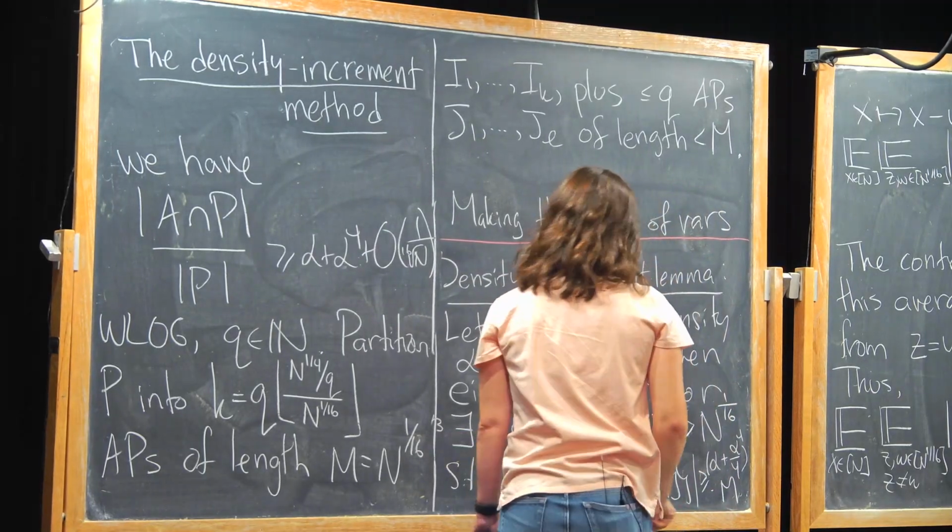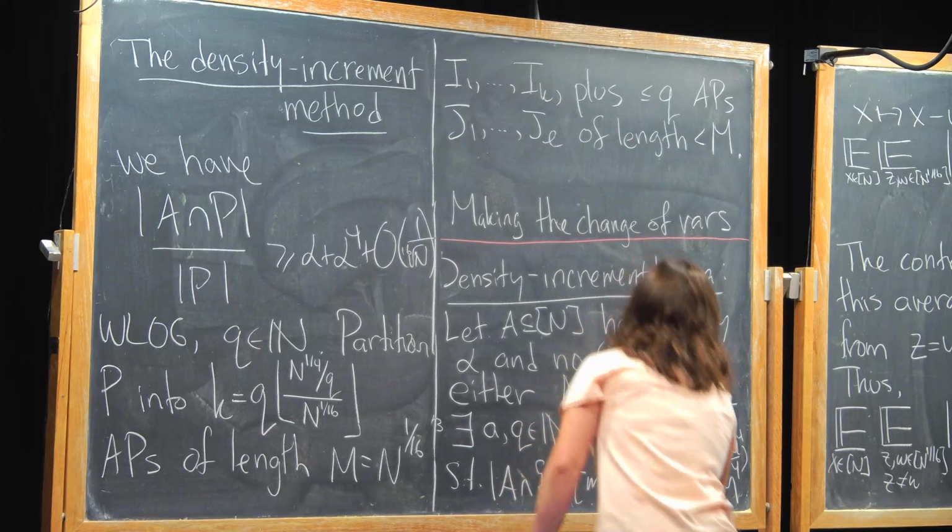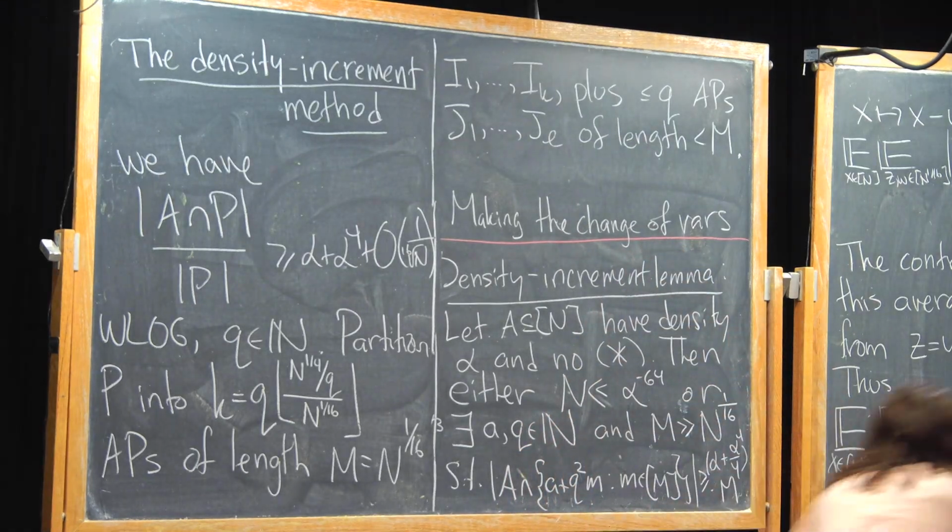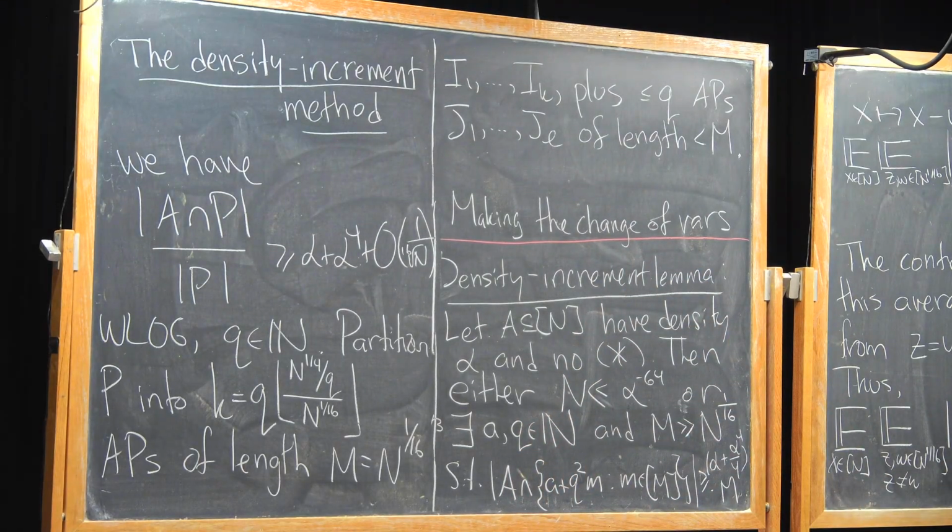And then the contribution to the size of A intersect P, coming from these bad progressions J, will be negligible.